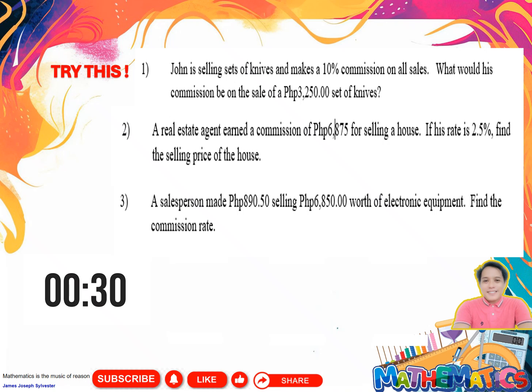Number two, a real estate agent earned a commission of 6,875 pesos for selling a house. If his rate is 2.5%, find the selling price of the house. Number three, a salesperson made 890 pesos and 50 centavos selling 6,850 pesos worth of electronic equipment. Find the commission rate.